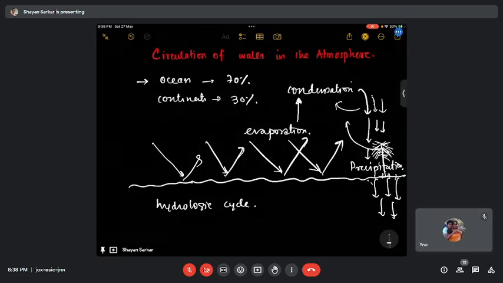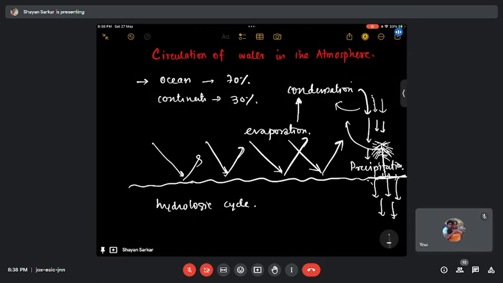And again the amount of water that is being received by this part of the land is again used by the plants and vegetations.